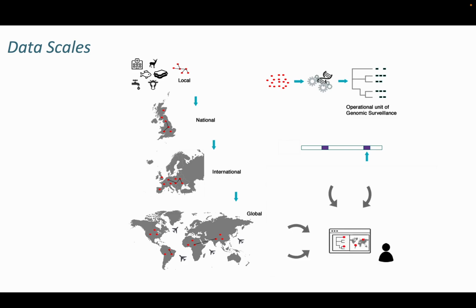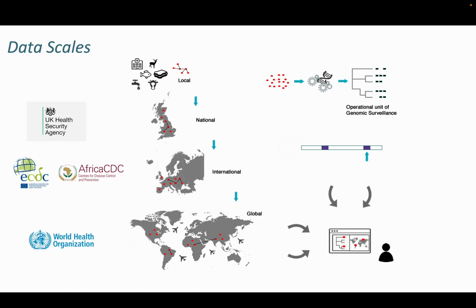And really there's a vast amount of information that can be brought together on both sides of this figure, from the epidemiological and clinical information on the left-hand side, geography and time and space, and also then the vast information that's generated from the genomics. And one of the key foci is how do we distill that information to deliver rapidly situational awareness that can enable someone to take a decision, an intervention decision, and that individual could be sat at any of these scales, at a local level, national level.